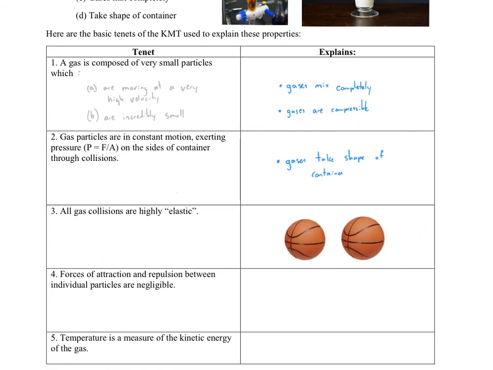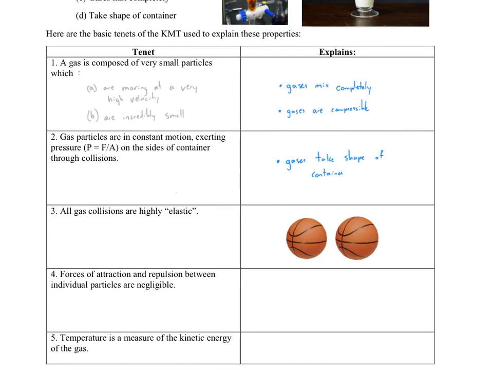It's called an elastic collision because all of the kinetic energy that is involved is conserved. So each ball has its own kinetic energy as they move towards one another. When they collide, that kinetic energy is transferred, and each of the basketballs reverses direction, carrying with it the kinetic energy that was given to it by the other ball.